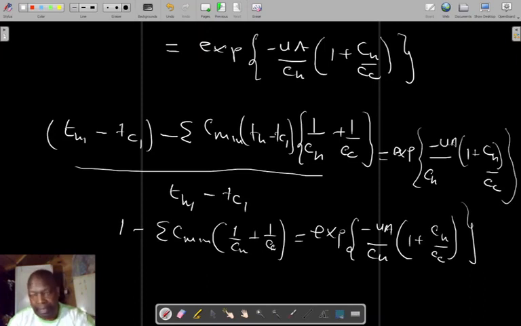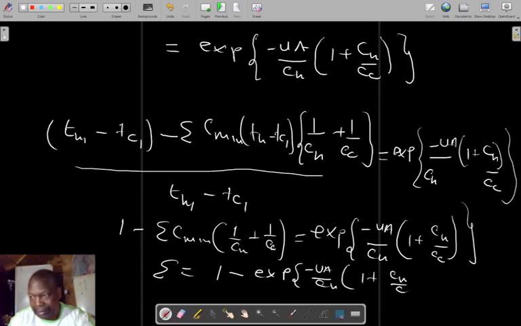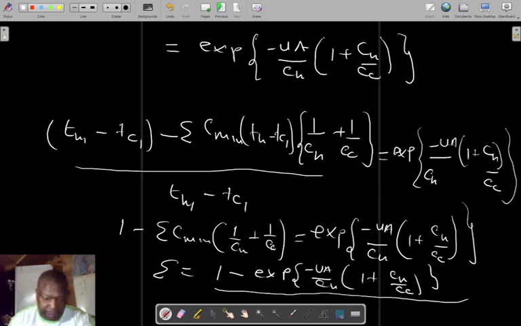Okay, and making epsilon the subject, you will get epsilon is equal to 1 minus exponential of -UA over CH (1 + CH/CC), all of that divided by C minimum (1/CH + 1/CC).